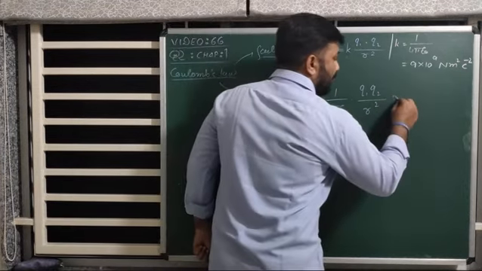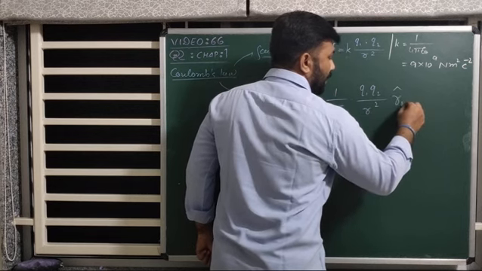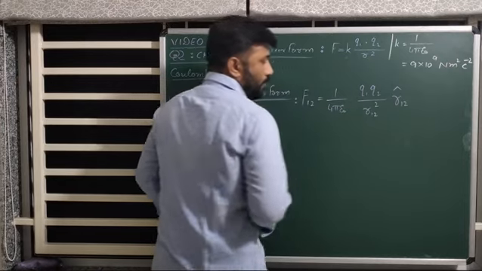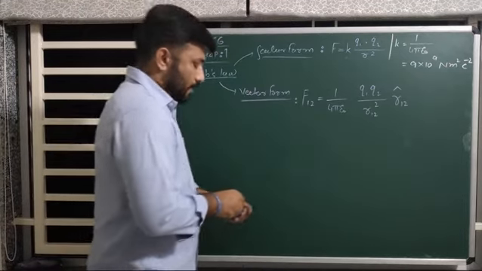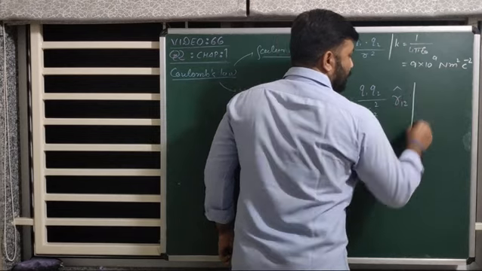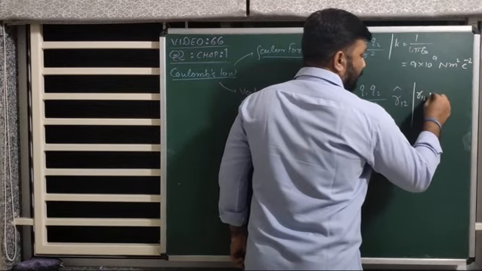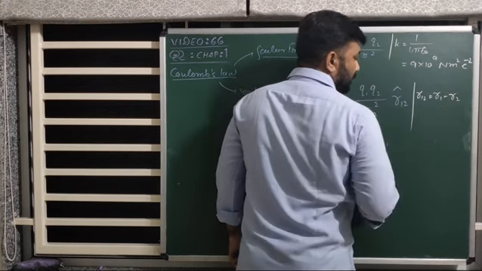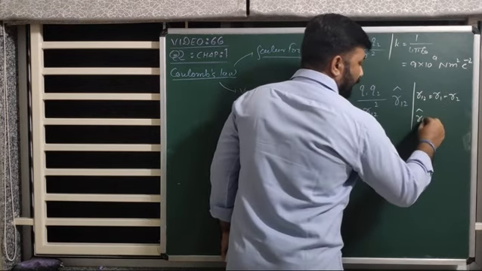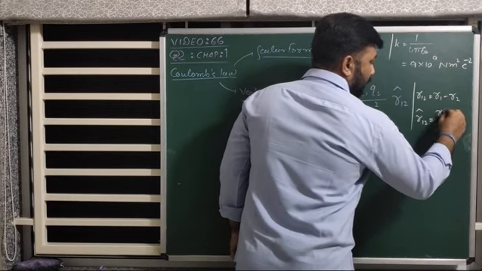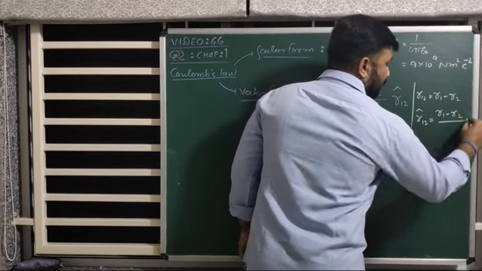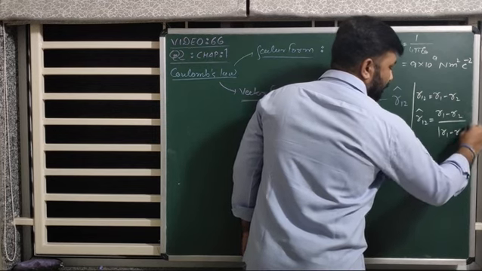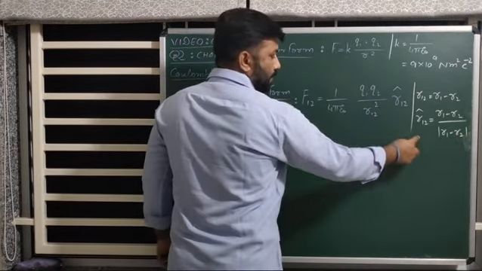So you have to write the unit vector also, r12 cap. Here also r12. Clear? Now, what is this r12? So, r12 is equal to R1 minus R2 and unit vector R12 is equal to R1 minus R2 upon modulus of R1 minus R2. So put these two here.